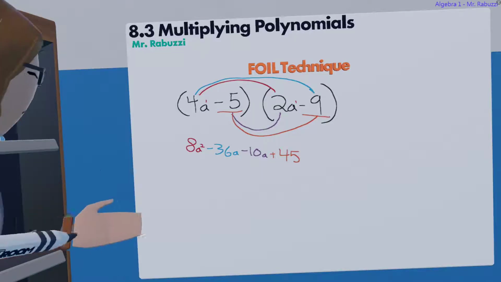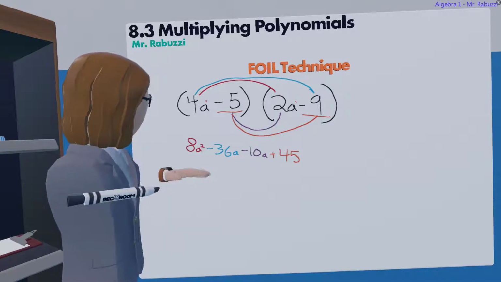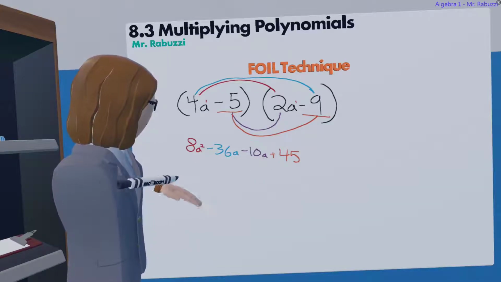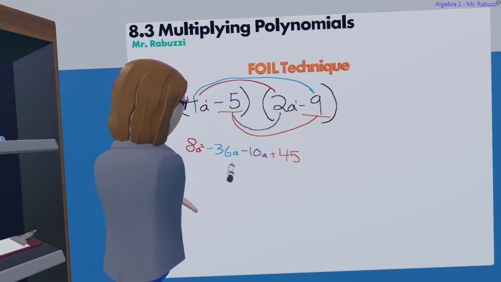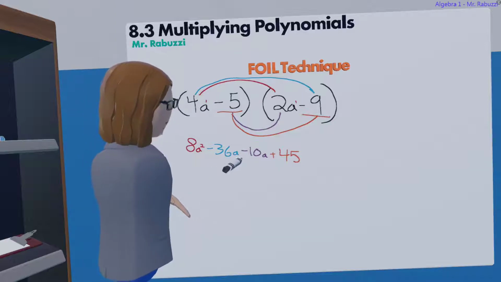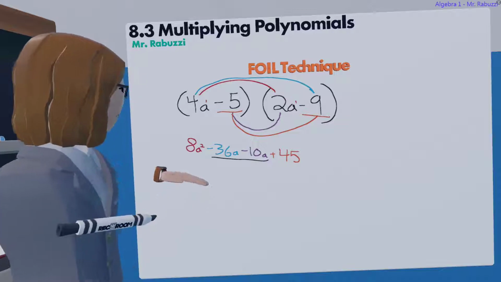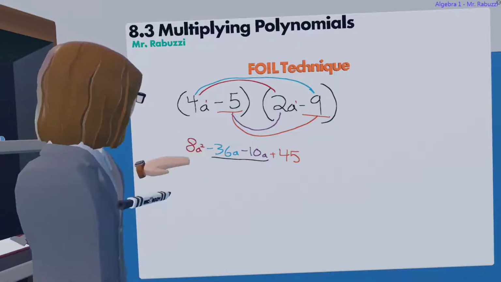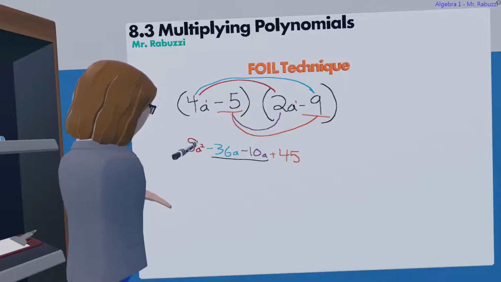So this is an answer, but we want to check to make sure it's simplified. Can I put anything together here? Well, I notice there's an A and an A. So two different terms have A in them. Not A squared. A squared is different, but just A and A. So these two I can combine. Those will combine in 1 second. First, this didn't change.